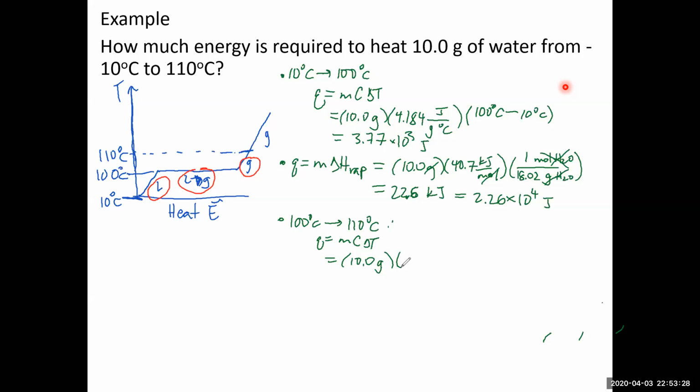Our specific heat for the gas phase is 1.996 joules per gram degree Celsius.